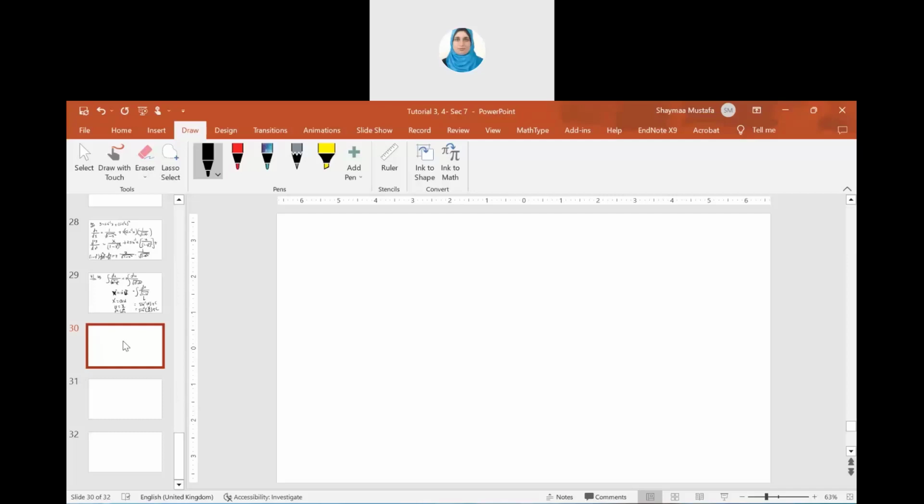For 42C, you can use what we call integration by parts. The integral of x sine inverse x over 1 minus x squared dx. Then use by parts.